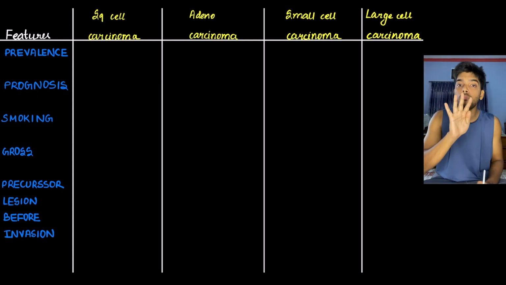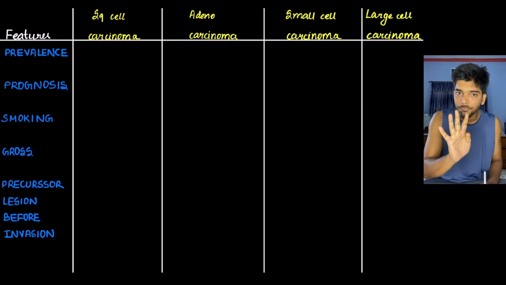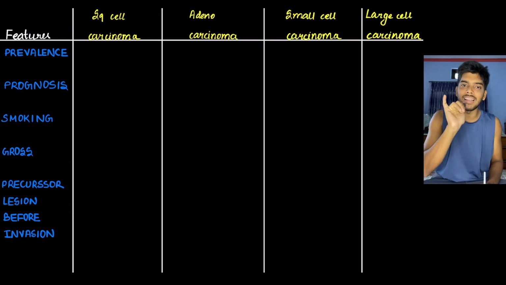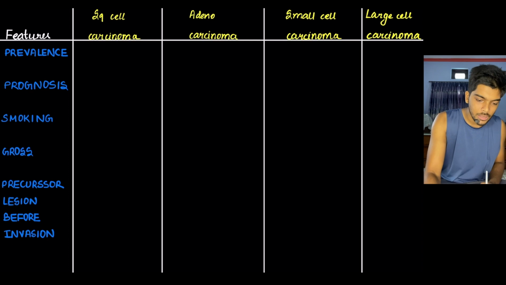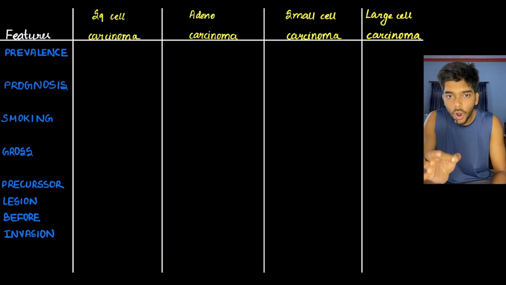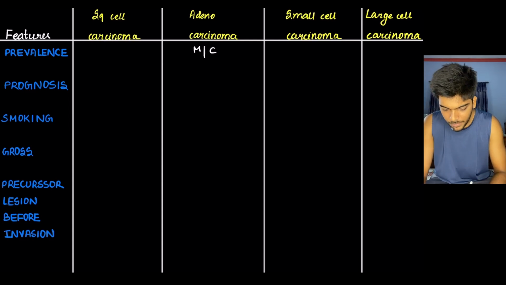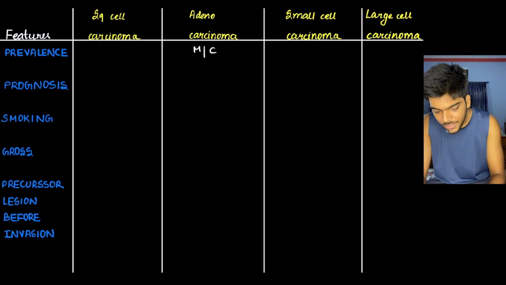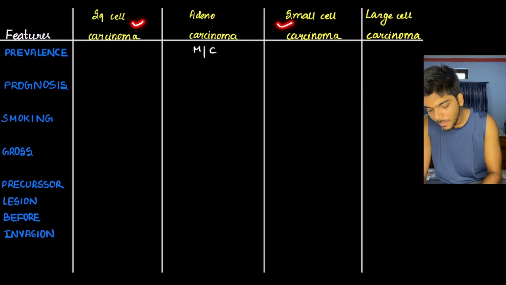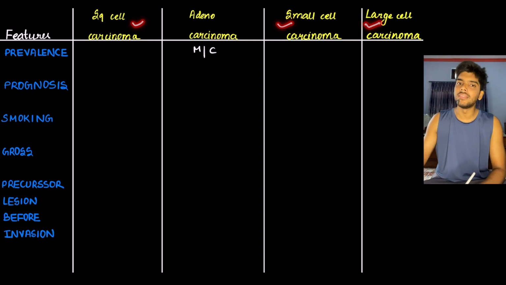So what are the 4 most common or 4 most clinically significant bronchogenic carcinoma that you need to know? Squamous cell carcinoma, adenocarcinoma, small cell carcinoma, and large cell carcinoma. The most common bronchogenic carcinoma is adenocarcinoma, followed by squamous cell carcinoma, then small cell carcinoma, then large cell carcinoma, then the rest.